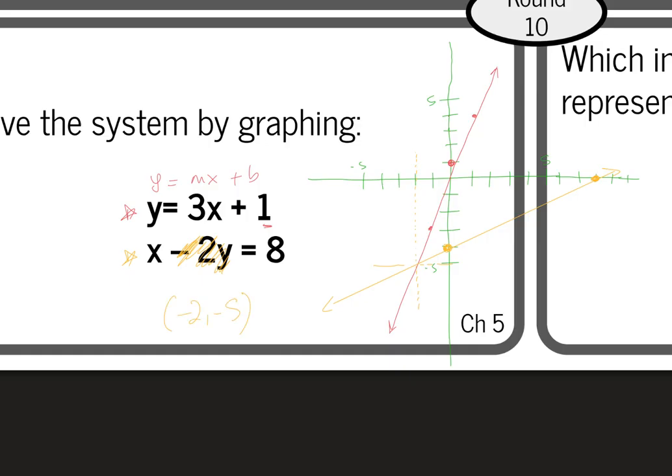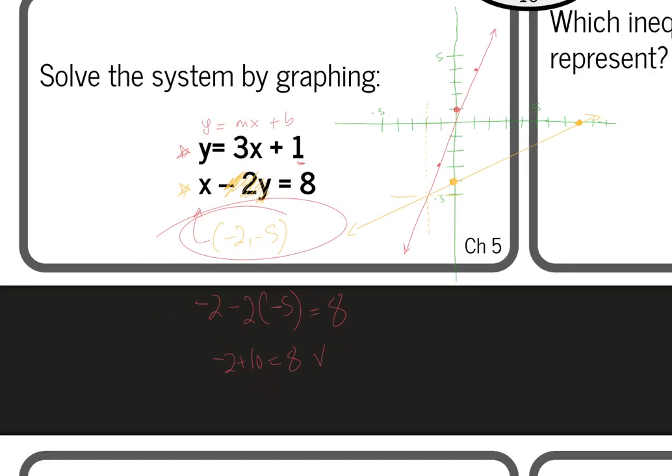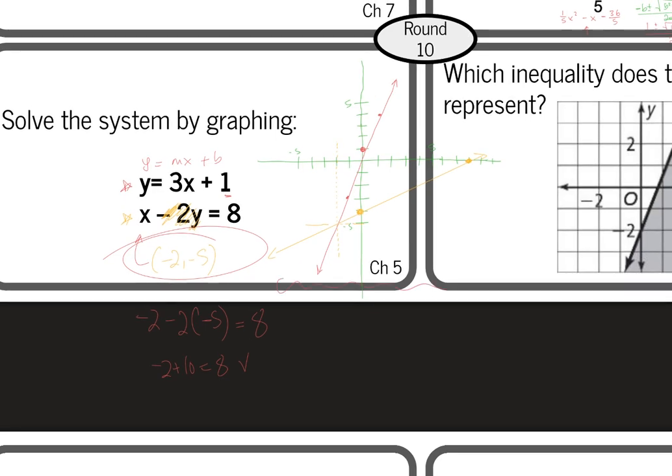And here's where I'm going to do the math. And I'm going to plug this in, how about right here? So it would be -2 minus 2 times -5. Does that equal 8? -2 plus 10 sure does equal 8. So there's my answer, and obviously there's my graph.